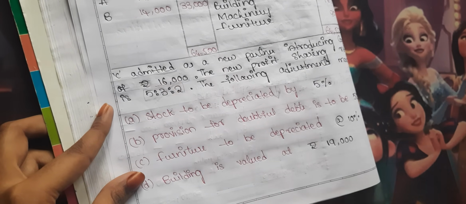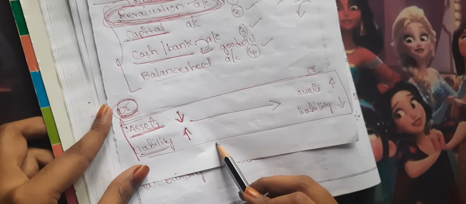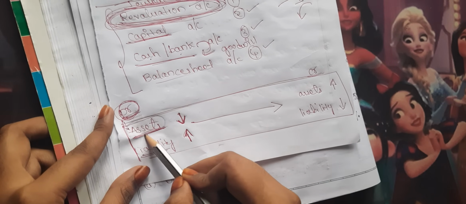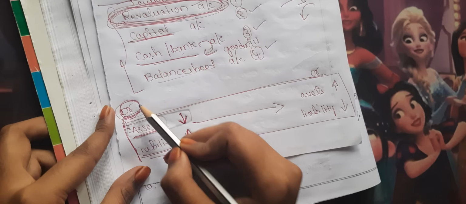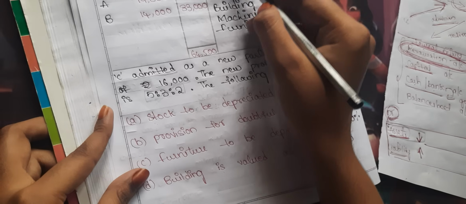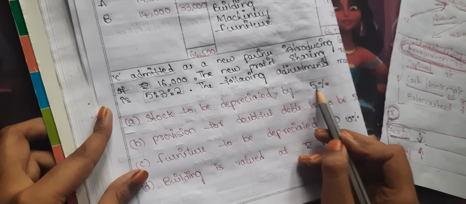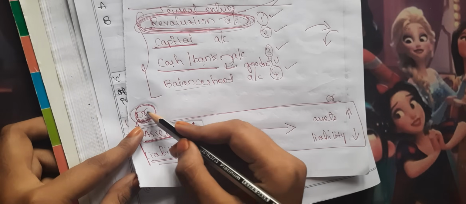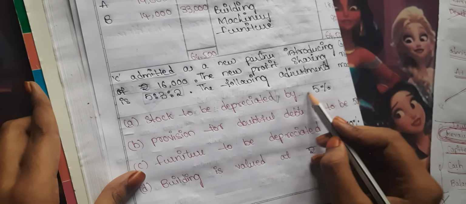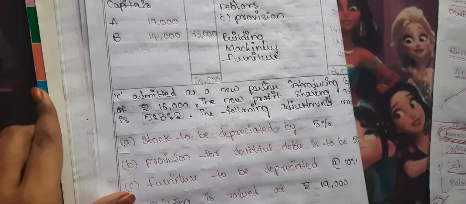When the asset amount is decreasing, we take it in the debit side, right? Here also the stock asset amount is decreasing by 5%, so we will take it in the debit side.